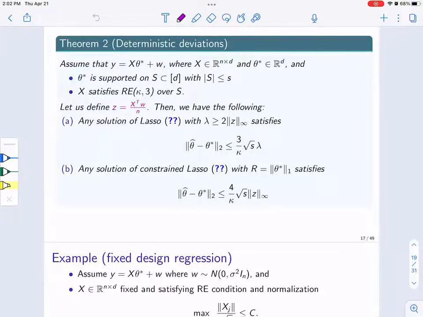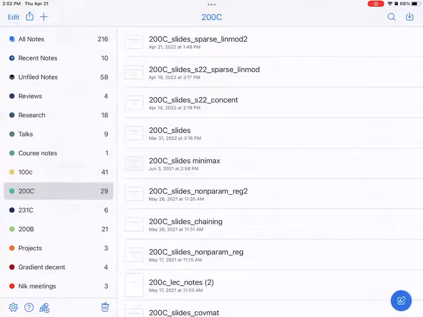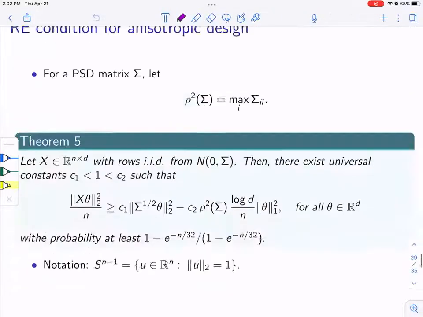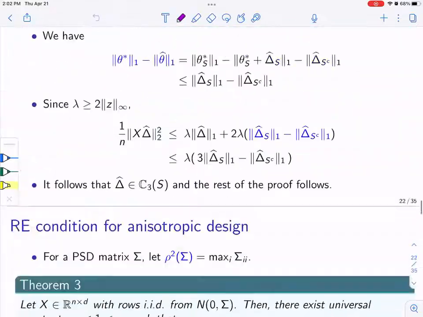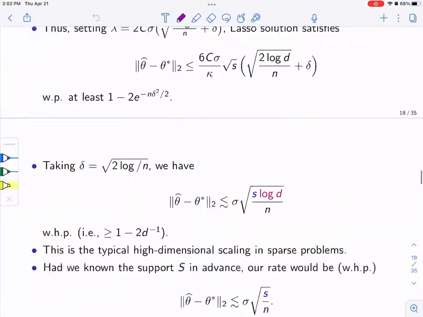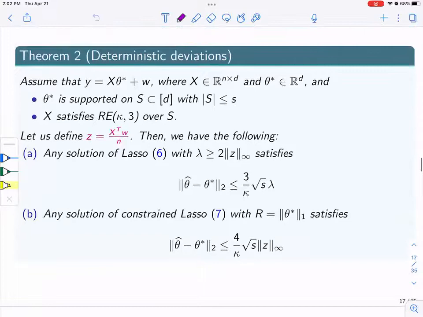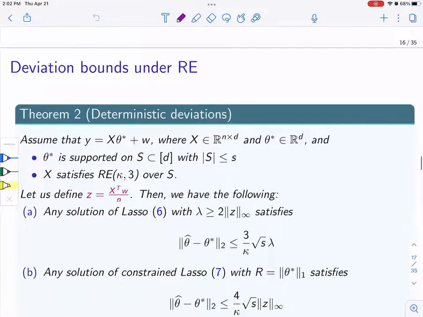let me maybe switch to this version. Okay, so it's a little bit better.